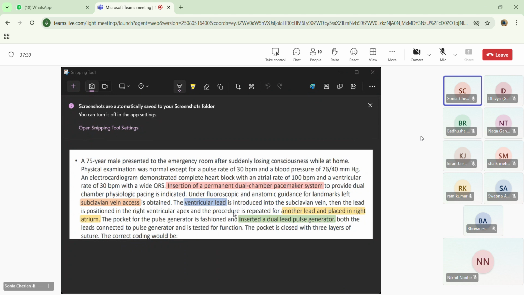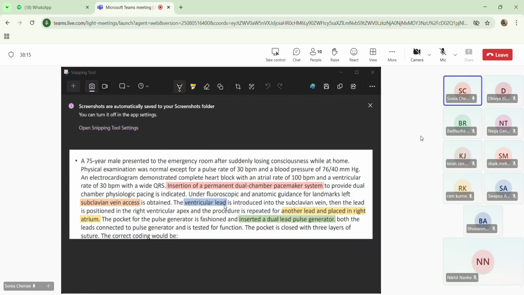In the OP chart, they will just tell you what they have done, whether it is insertion, replacement, or removal, and also the type of device they are placing. Here you can see insertion of a permanent dual chamber pacemaker system. Under fluoroscopic and anatomic guidance, access via the left subclavian vein, and the lead is introduced. The ventricular lead is introduced into the subclavian vein and positioned in the right ventricular apex.